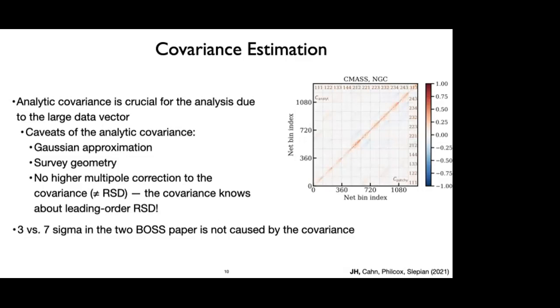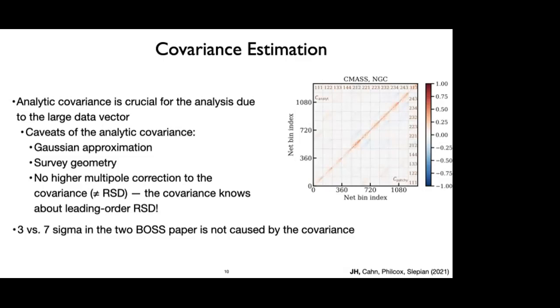They include the Gaussian approximation, survey geometry, and higher-order power spectrum multipole corrections to the covariance structure. Just a quick note that this last point is not equivalent to the redshift space distortion, but in fact, the covariance knows about the leading order RSD, and we have tested this also in our previous paper.